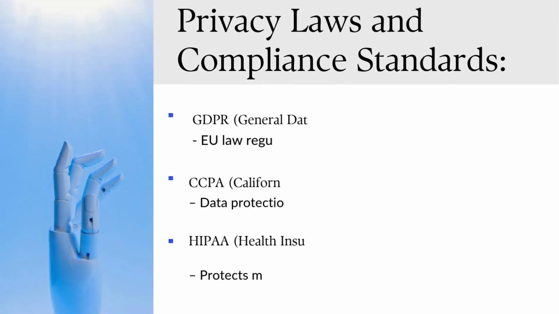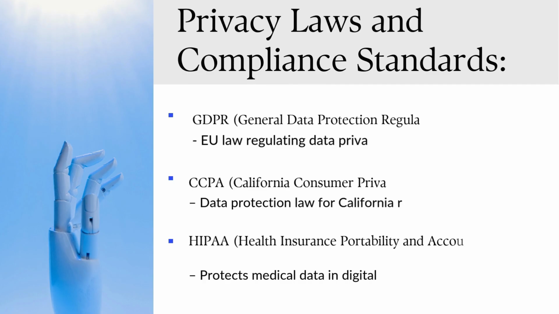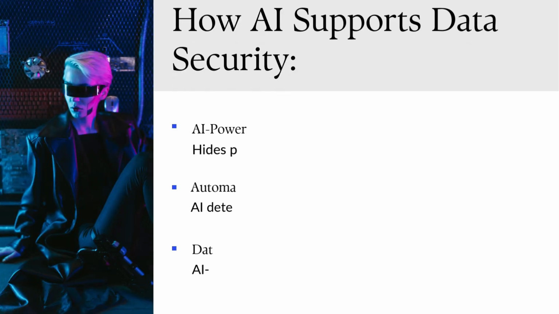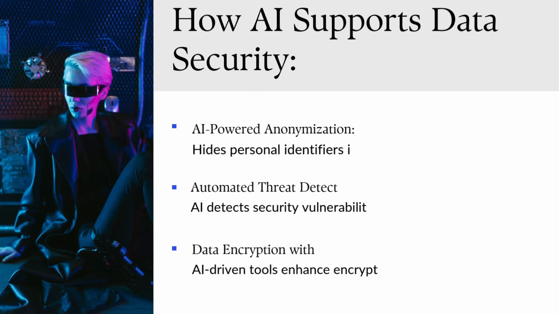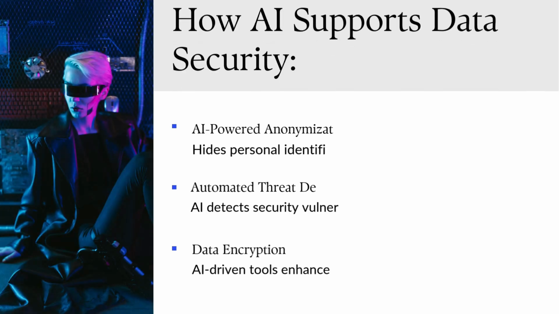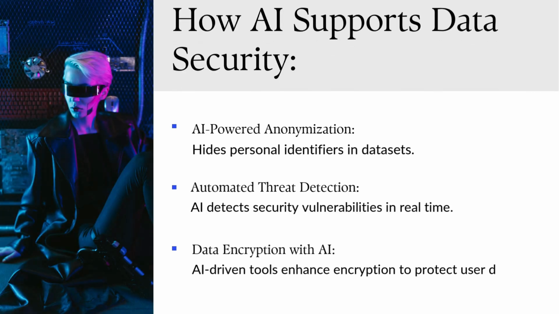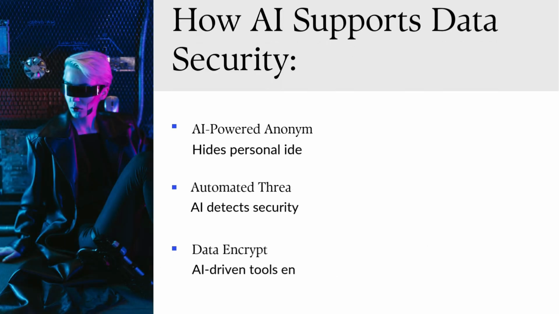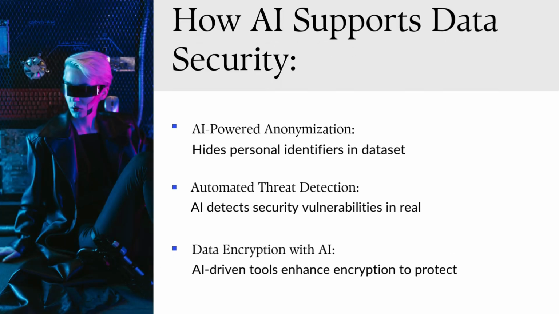And that's beautiful, guys. So guys, let's go ahead to talk about how AI supports data security. First things first, we have what we call the AI-powered anonymization. This hides personal identifiers in data sets.